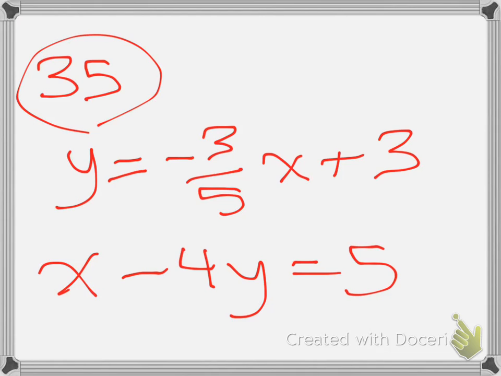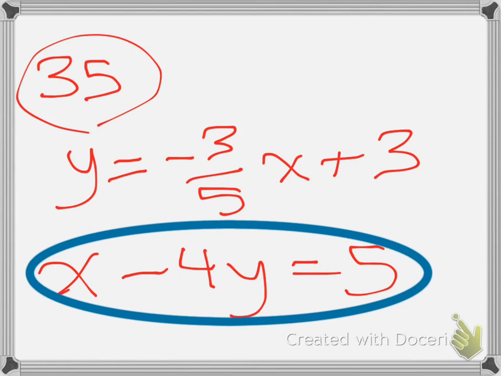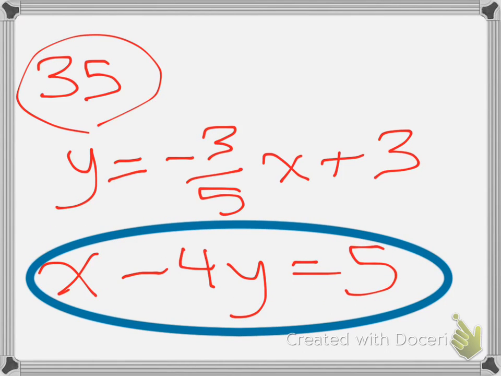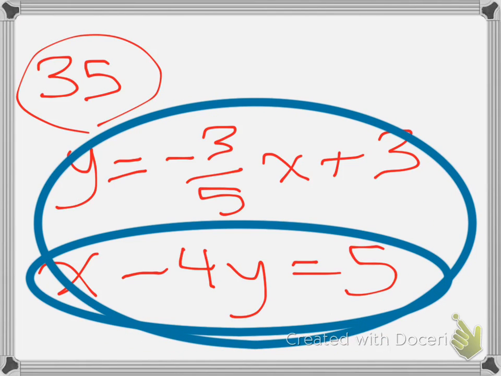You can also put this equation in slope-intercept form if that would help for this problem, which I believe it probably would. You're going to graph both of these equations, and you're going to find out where the lines intersect. That x value and that y value is your solution to this system on number 35.